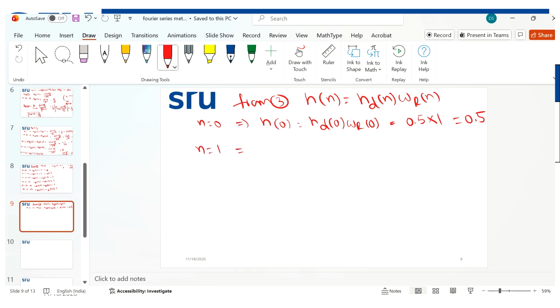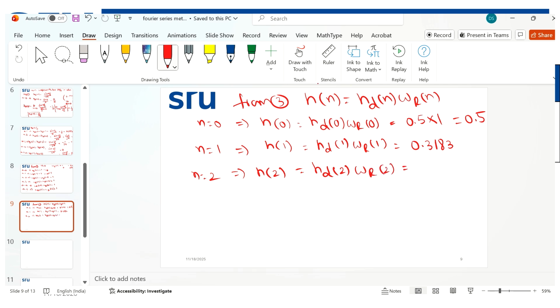Now n equal to 1, then h of 1 is equal to hd of 1 into WR of 1. So hd of 1 is 0.3183 into 1. When n is equal to 2, then h of 2 is equal to hd of 2 into WR of 2. Again 0 into 1, that is 0.